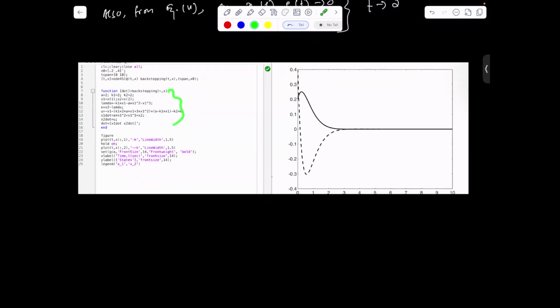And this is the function where we have taken a equal to 2, k1 equal to 2, and k2 also 2. Why we considered these values, we have explained in the first few lectures in this topic. And this is the lambda expression, this is our control, and this is our dynamics, x1 dot and x2 dot. And this is to plot the figure.